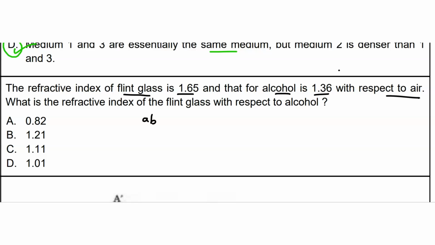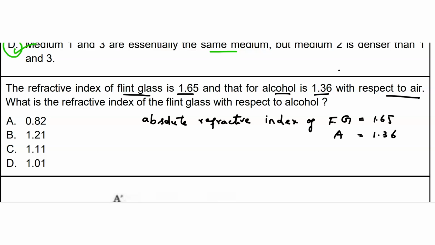So they have given the absolute refractive index of flint glass and alcohol, which is 1.65 and 1.36. What they have asked is, what is the refractive index of the flint glass with respect to alcohol? So they have asked for n of the flint glass with respect to alcohol.